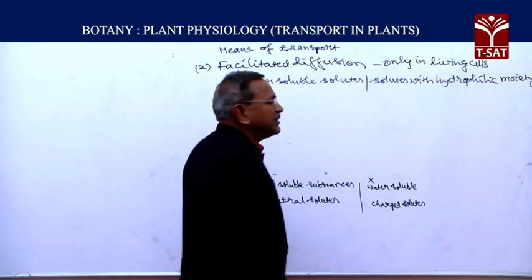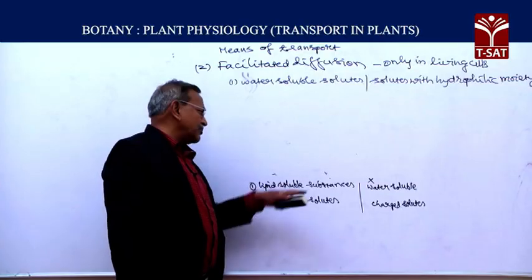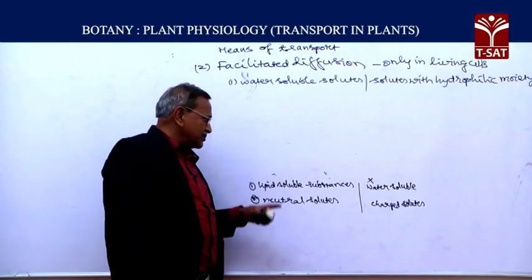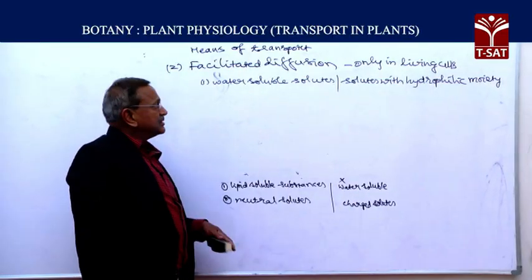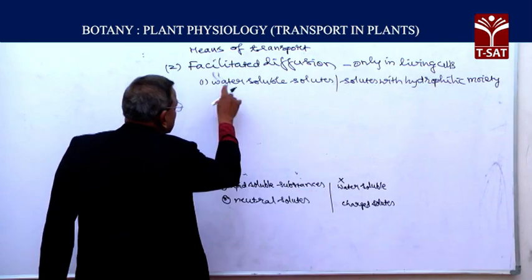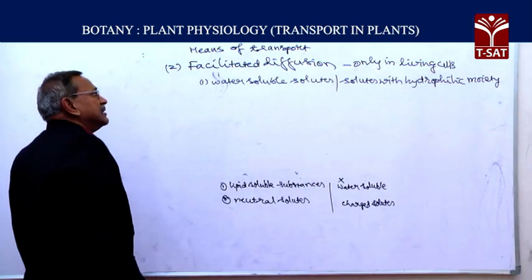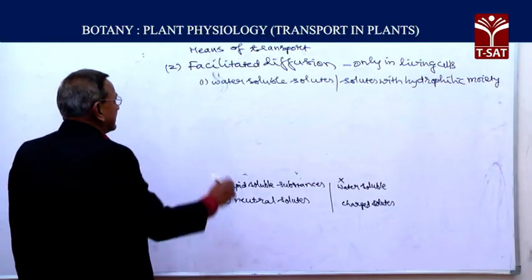Solutes with hydrophilic moiety are transported. So, what is not possible, what cannot be transported through normal diffusion may need facilitated diffusion for transport. So, whatever is water soluble that can be transported through facilitated diffusion, that are solutes with hydrophilic moiety.